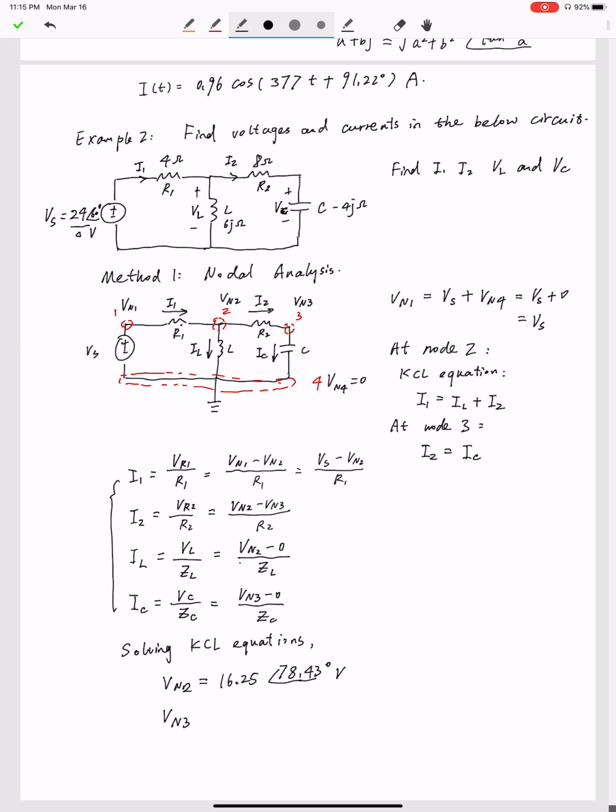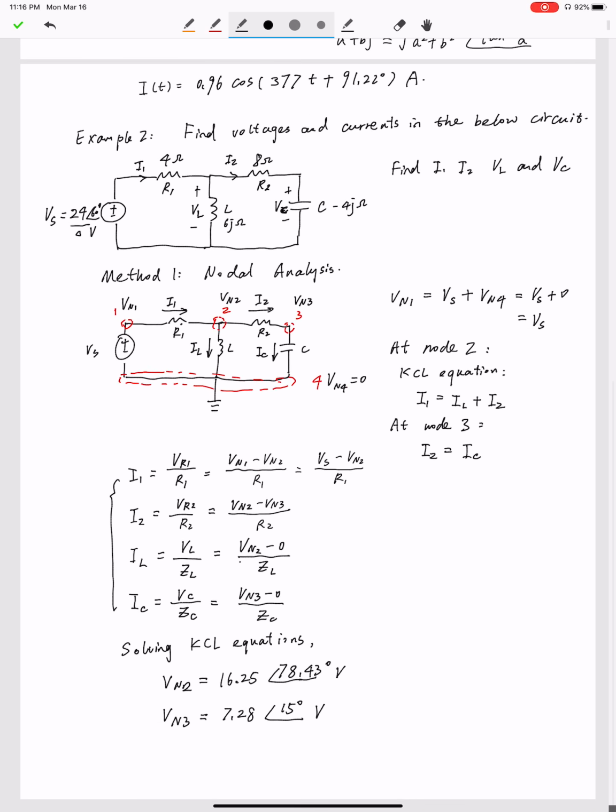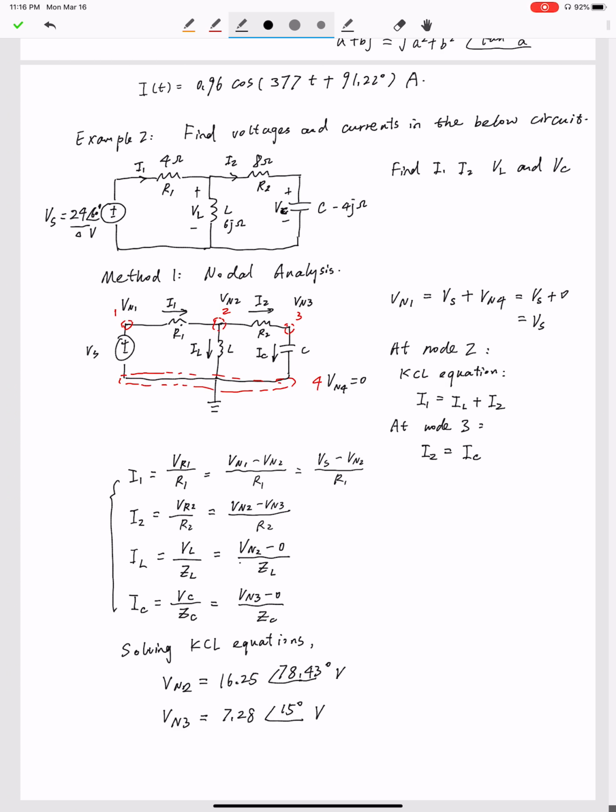And Vn3 equals 7.28. The phase angle is going to be 15 degrees. Unit is volt. And after we have Vn2 and Vn3, actually Vn2 and Vn3 are the voltages across the inductor and capacitor respectively.